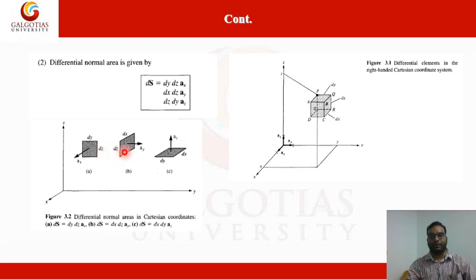In the y direction, we consider dz and dx. In the z direction, we consider dy and dx. Or simply remember: in the x direction don't take dx, in the y direction don't take dy, and in the z direction don't take dz. Here something is misprinted. We can write dx dy because it is in the z direction. So dz is not there, dx is there.